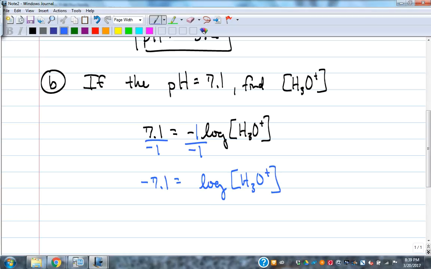Okay? Now, to solve this, we've got to do the inverse of that. So we've got to think about rewriting that as an exponential. That's really what we're doing here. Remember that's log base 10. So it'd be 10 to the negative 7.1 equals the concentration of H3O.